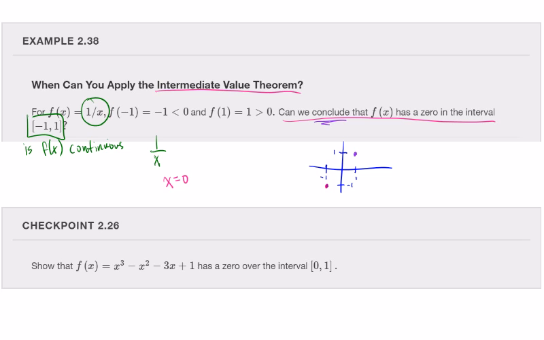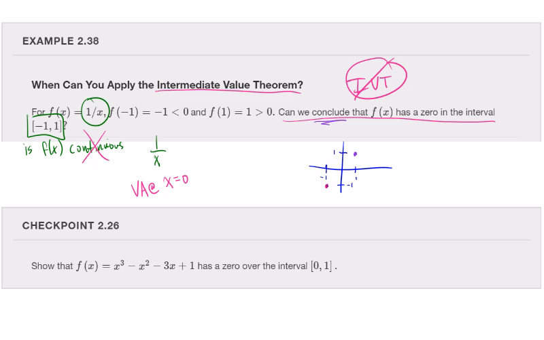And so at x equals 0, we have a discontinuity. This would be an essential discontinuity because there's nothing on top that would cancel. So there would be a vertical asymptote at x equals 0, and it would be an infinite or essential discontinuity at that point. And so the intermediate value theorem does not apply to this situation because f of x is not continuous on that interval.